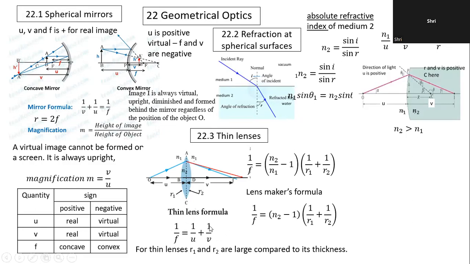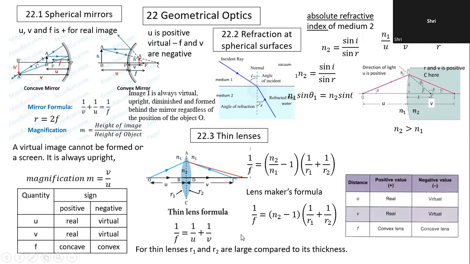Right? And there's a formula for thin lens. Remember, thin lens formula. Right? Same. Right? Real is positive. Convex or focal length is positive. Negative is concave.